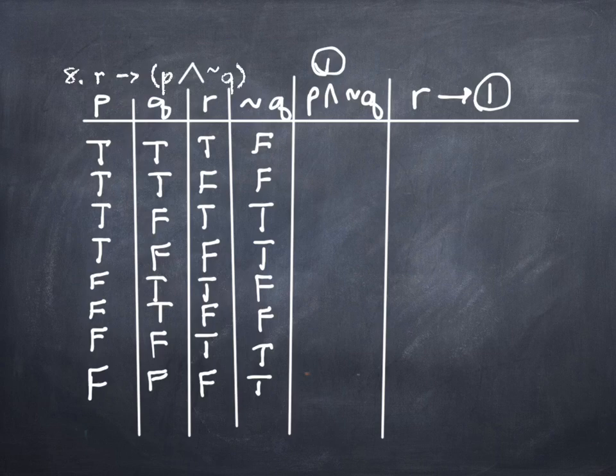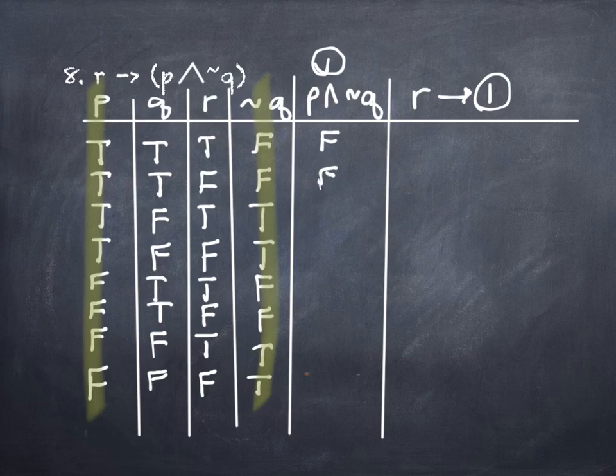All right, next one is the first one where we actually get to compare something. We're looking at column P and column tilde Q, and we're joining them with what statement? And when is an and statement true? When they are both true. So at the beginning, I have true and then false, so that's false. The second one is also true, false, so it's false.